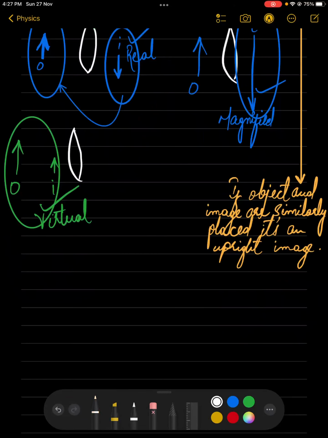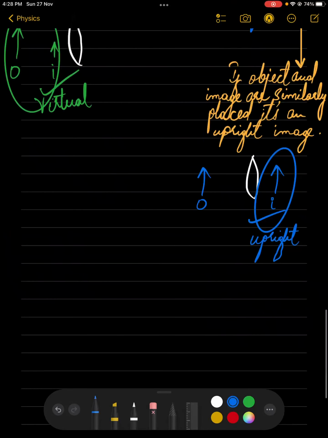So if I have my lens over here, the object was present like this and the image is also present in the same orientation. Like आपका object देखें upward facing है और आपका image भी upward facing आ गया है. This means that you are creating an upright image.